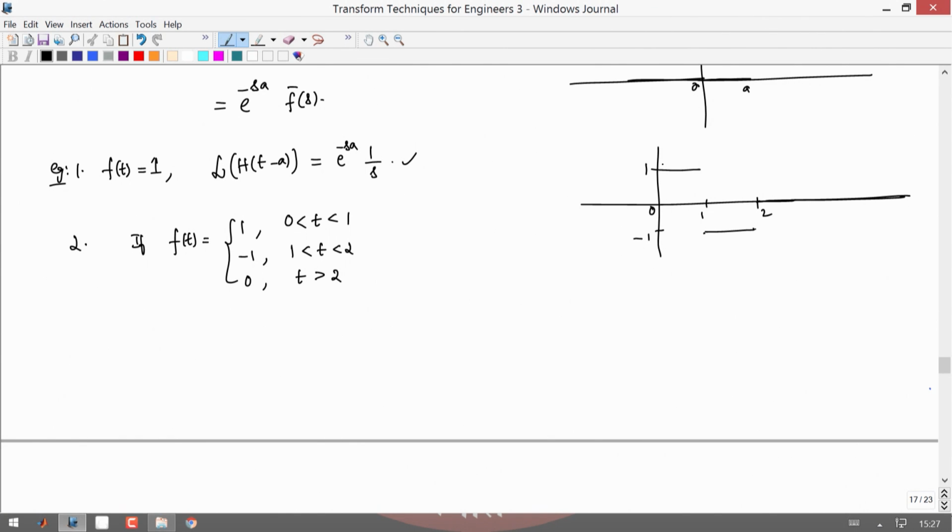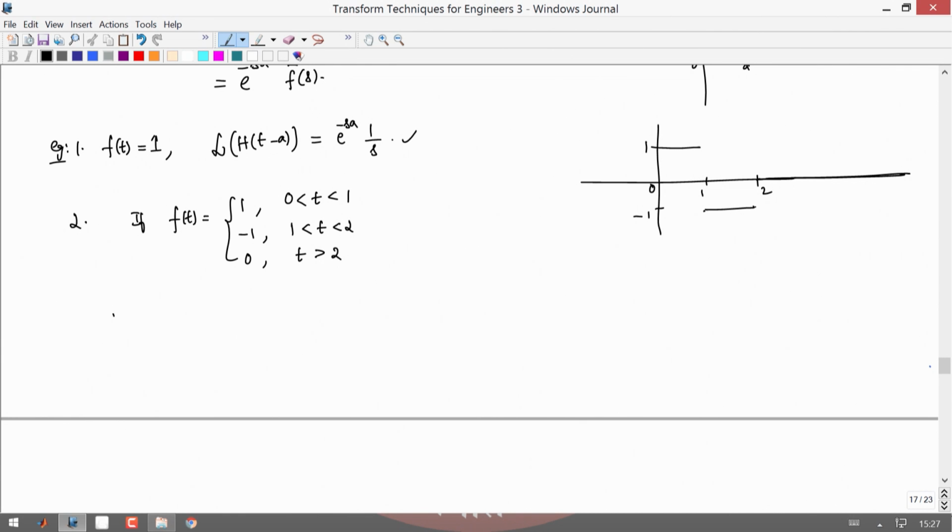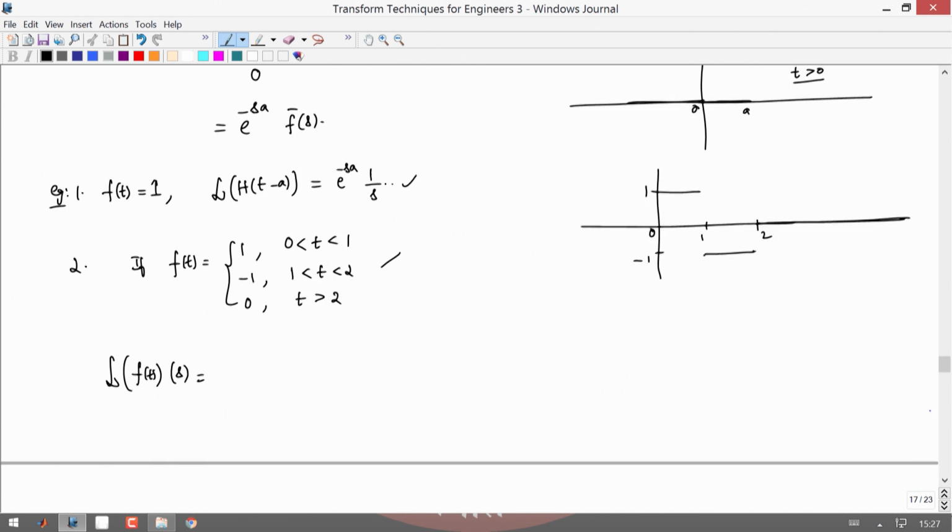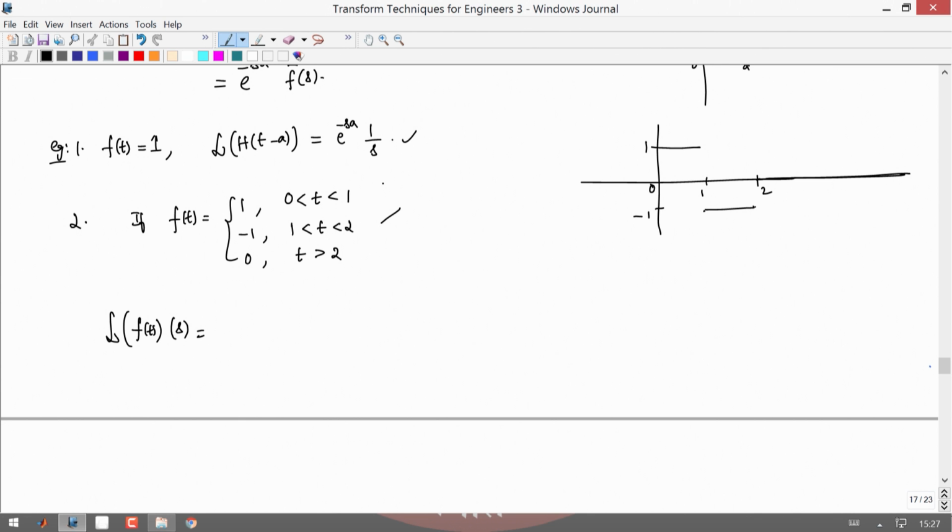So, if this is the case, what is the Laplace transform of f of t, which is a function of s? I can write this function as an application of this property. We can write this function f as a Heaviside function.